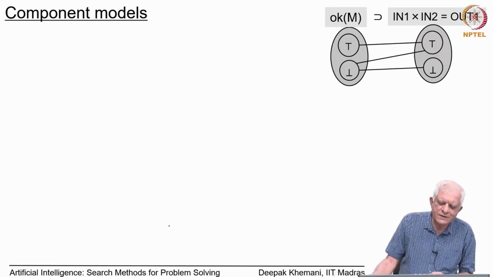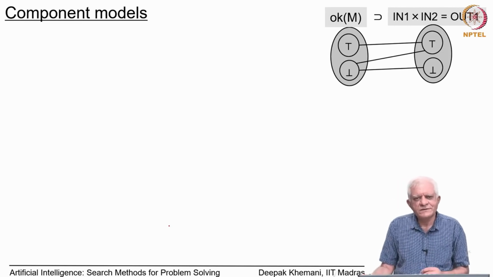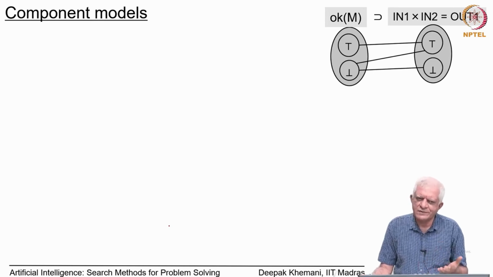So, let us talk about component models first. Okay. And we are talking about constraints, so we should try to see everything from the perspective of constraints. If I have a model of a component, and remember that we are talking about diagnosis, we will use a label like OK or not OK. So, we will use two reverse labels.